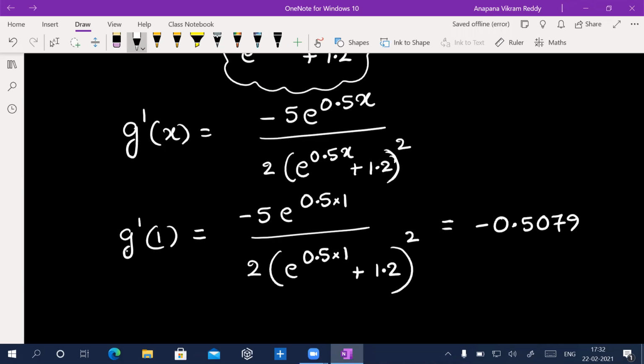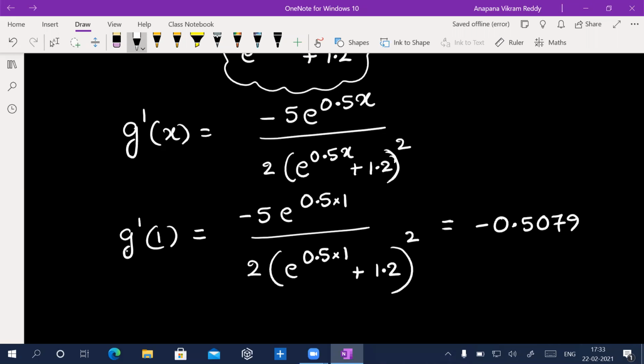Yes, sir. Similarly, you do g prime 2. So the derivative of g of x for x equal to 2.